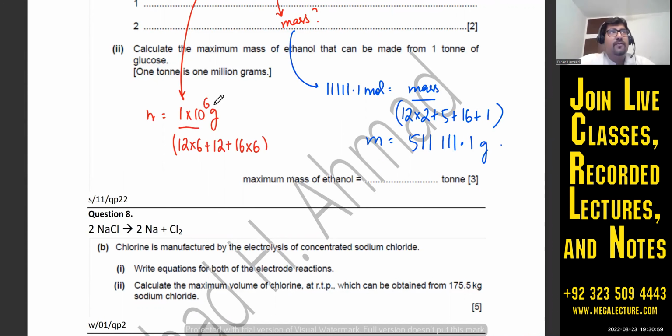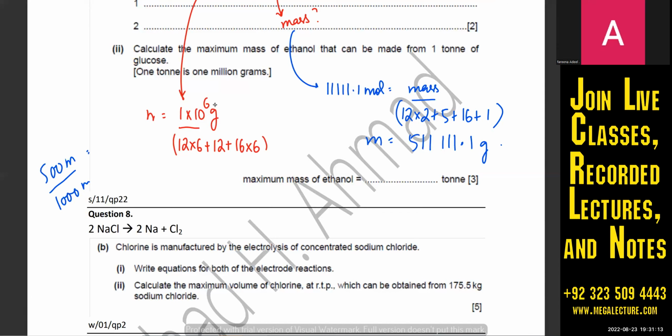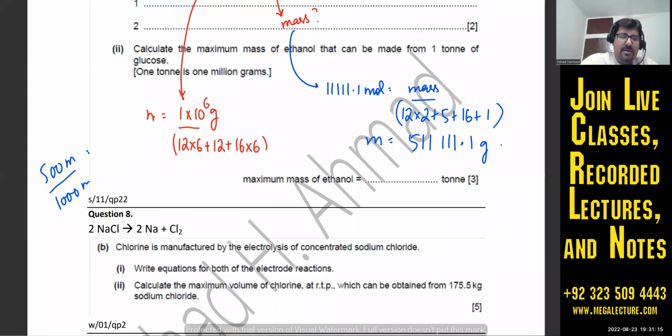Like if you have 500 meters and you want to find out in kilometers, so you'll divide it by 1 kilometer, which is basically 1000 meters, right? तो जब आप बड़े की तरफ जाते हो, you always divide by the unit. So it's going to give you 0.5 kilometers. So अगर इसको tons में, if you want to convert this into tons, you're going to divide this by what a ton is. Ton is 10^6 grams.